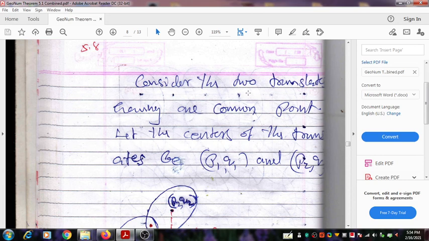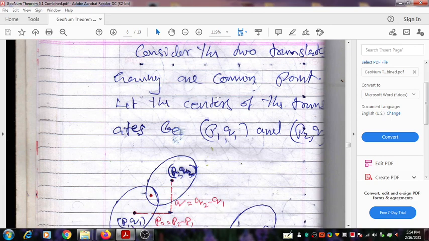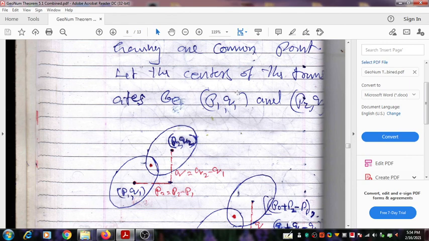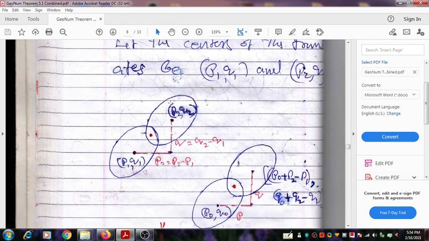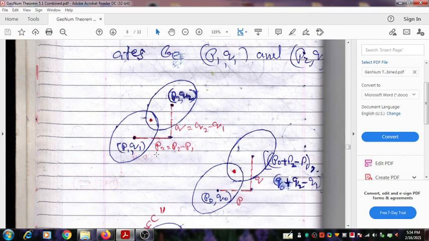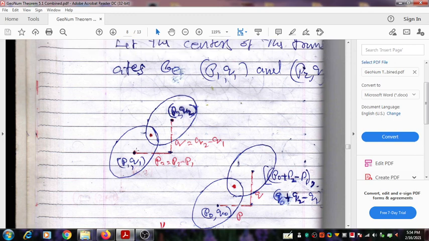For that we consider two translates having at least one common point, and let the centers of the translates be P1 Q1. You can refer to this figure. Then you can see here two translates, and these two translates have at least one common point. The red colored point is the common point, and you can say something about the centers of the translates.